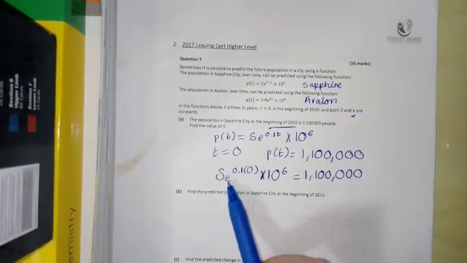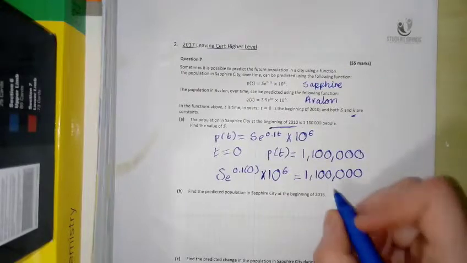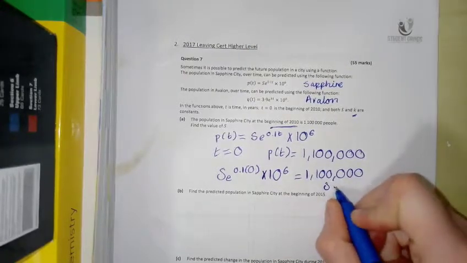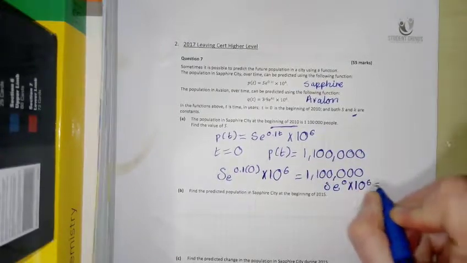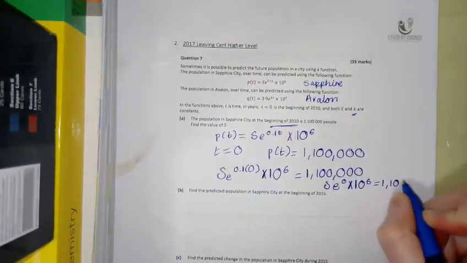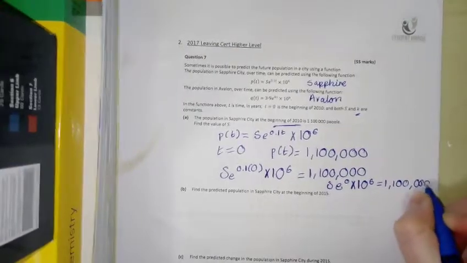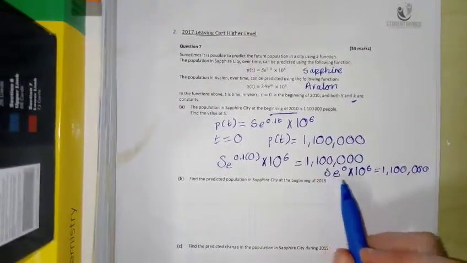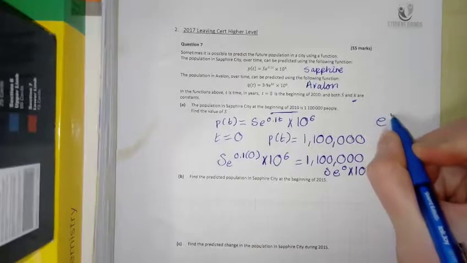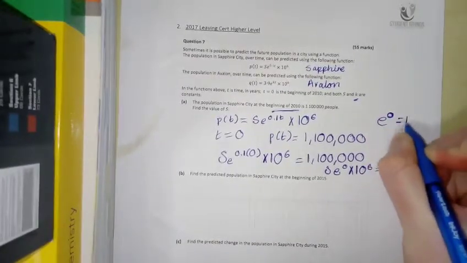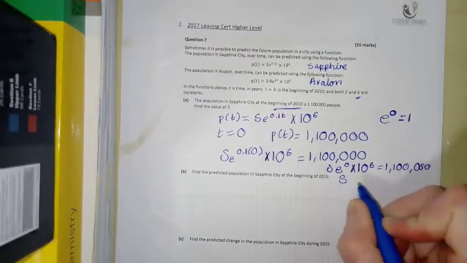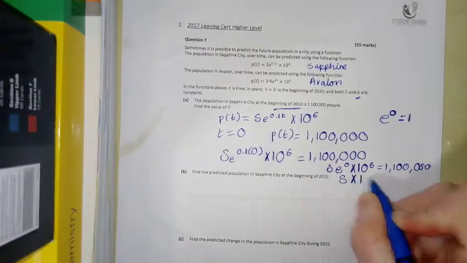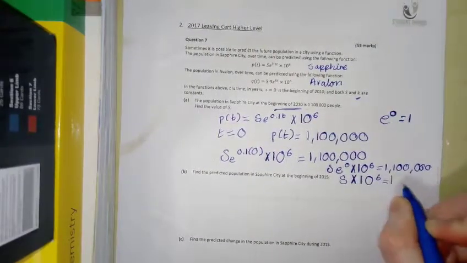So that's S times e to the power of 0, times 10 to the power of 6, and any number to the power of 0 is just 1. So that's S times 10 to the power of 6 is equal to 1,100,000.